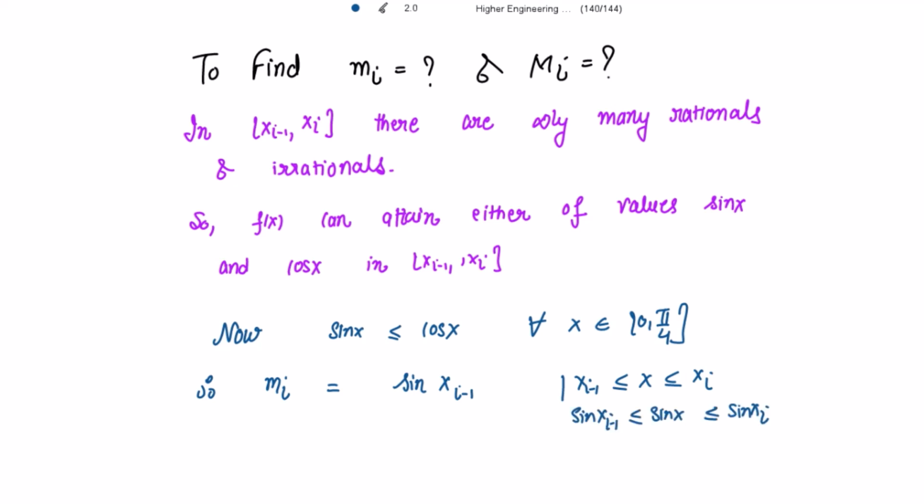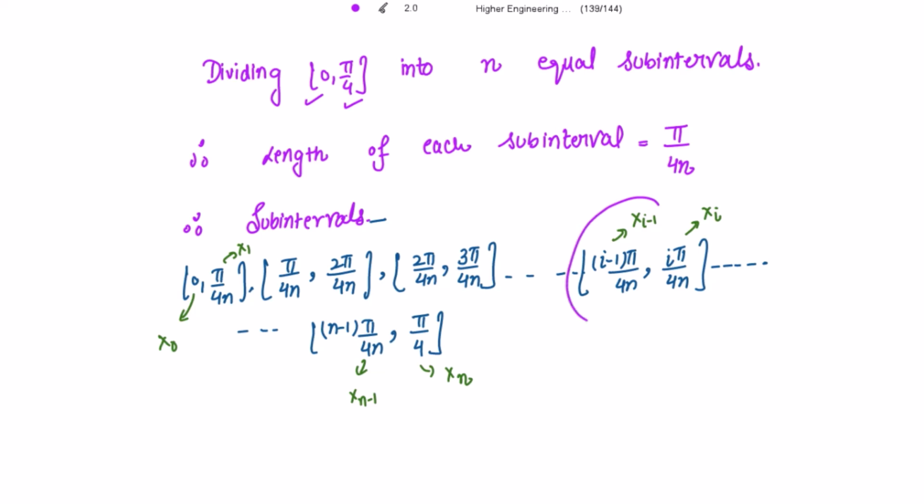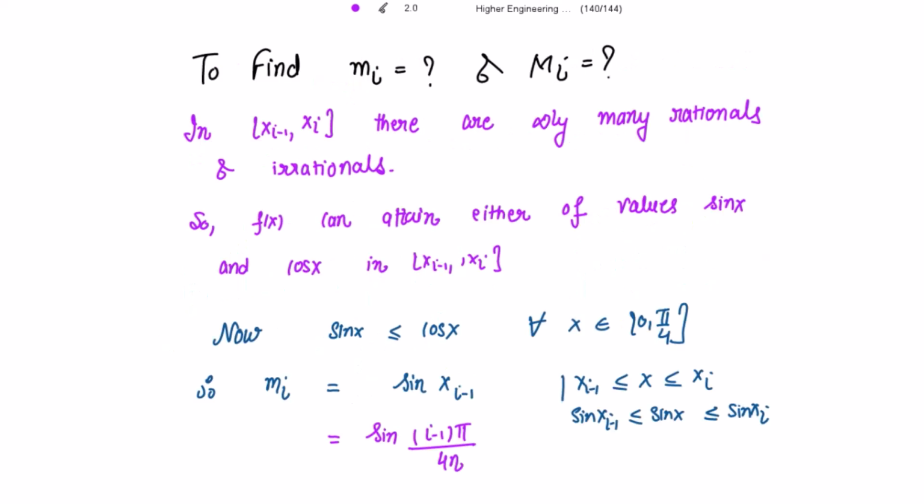So we take mi to be sine of x(i minus 1). What is the value of sine of x(i minus 1)? It is sine of (i minus 1) pi by 4n. Similarly, to find capital Mi, we take capital Mi to be equal to cos of x(i) or x(i minus 1). Let's check this.